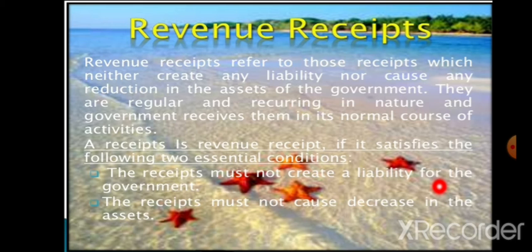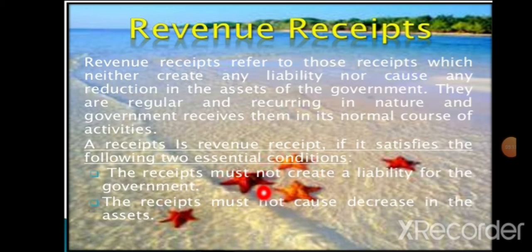When the government borrows from the public, it is not a revenue receipt, as it causes an increase in the liability for the government in terms of its repayment. Students, liability means we are liable to pay. But when the government is collecting taxes, then it creates no liability.